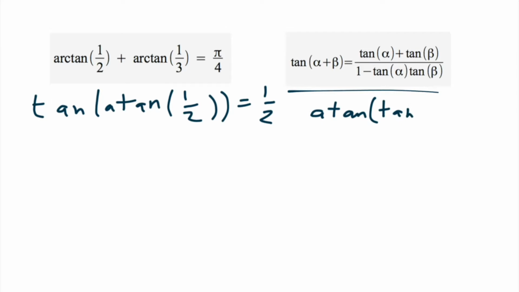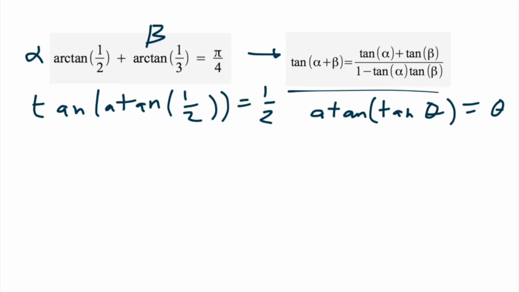Generally, you take tangent of an angle, so I'm just going to call it theta, and that would just be theta, the inside part. So knowing that, we can substitute these values. I'm going to call arctan 1/2 alpha and arctan 1/3 beta. And now we can just substitute these directly into our addition formula and solve.